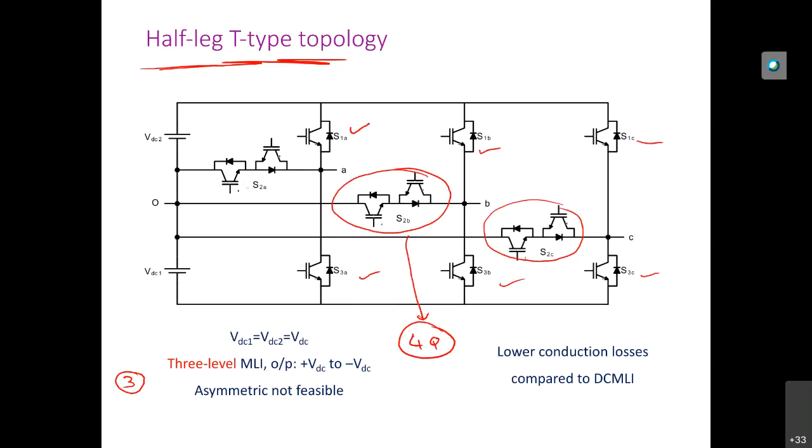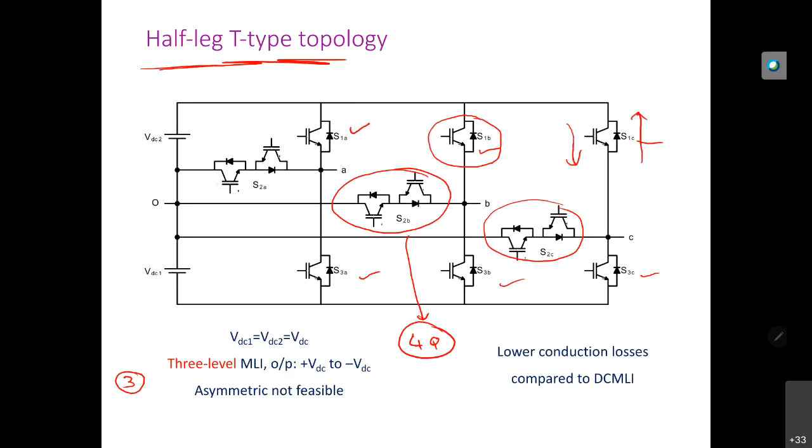So this is unidirectional, right? It can block voltage in one direction, but it will allow the current in two directions: in this direction when the switch is conducting, and in the opposite direction when the diode is conducting. But it can't block the negative voltages.